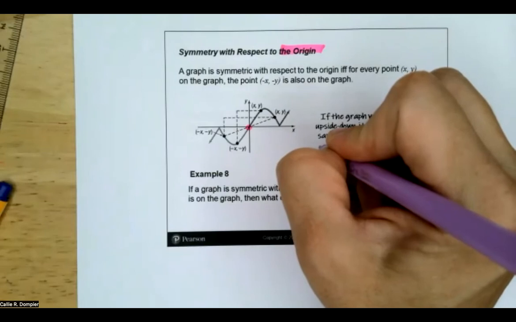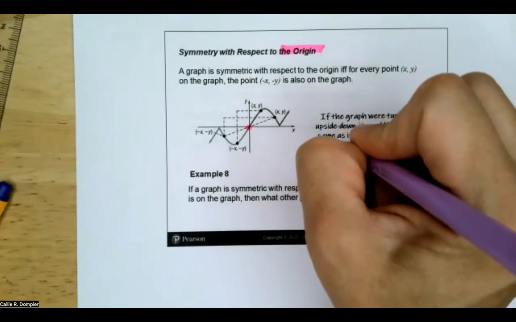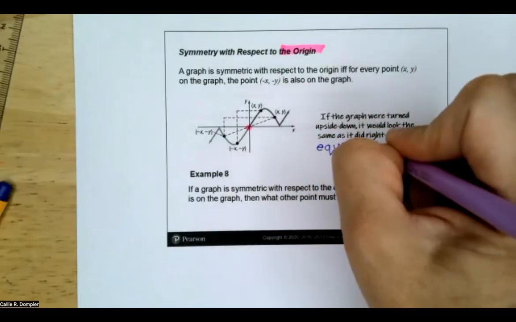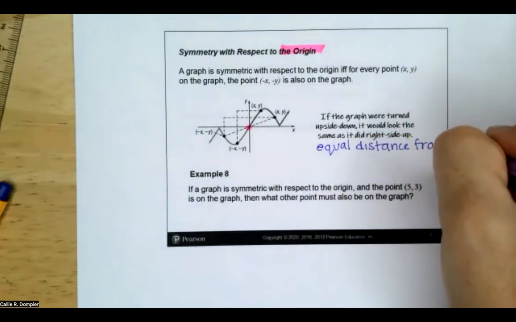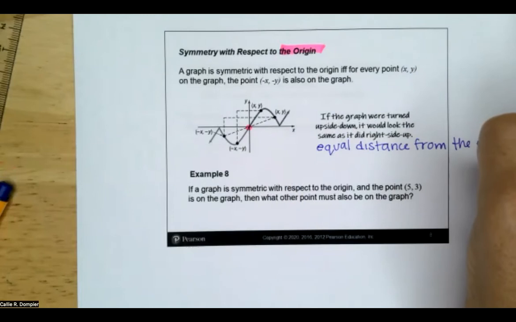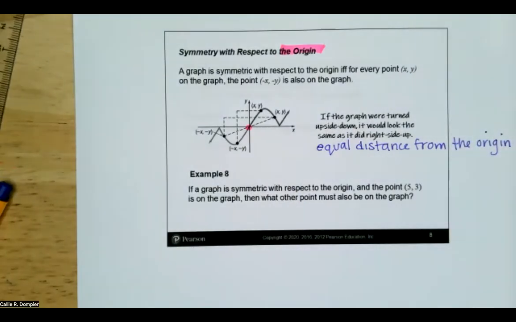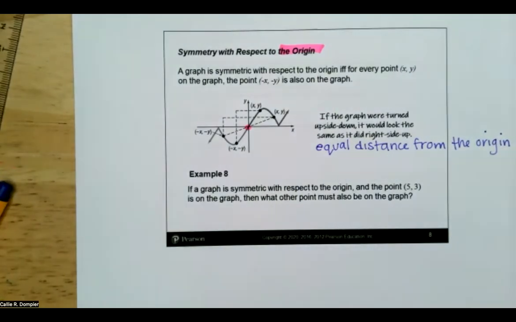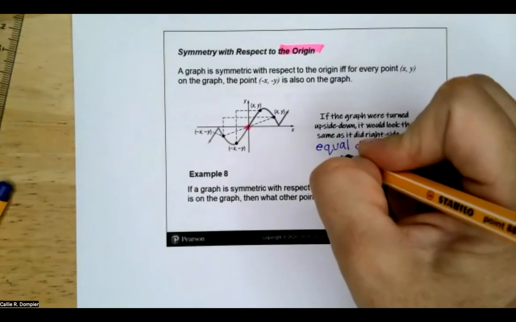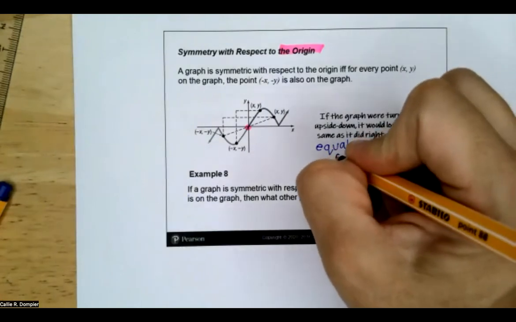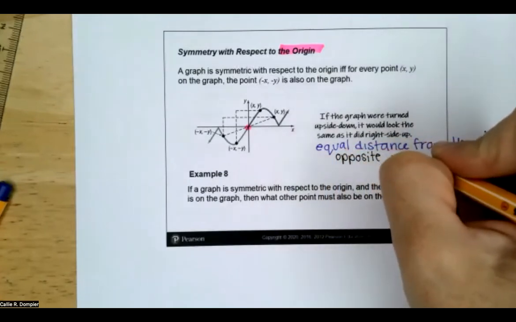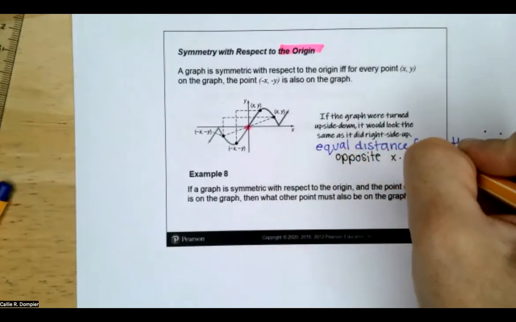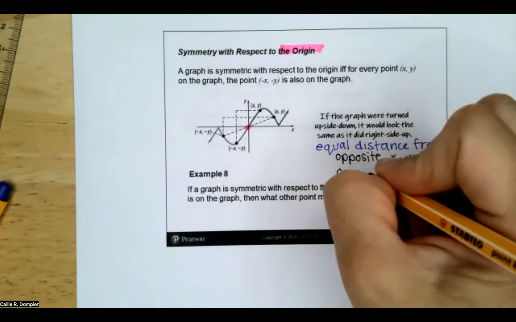Each point is equal distance from the origin. Good. Nothing stays the same. So my x values are opposite, and my y values are opposite.